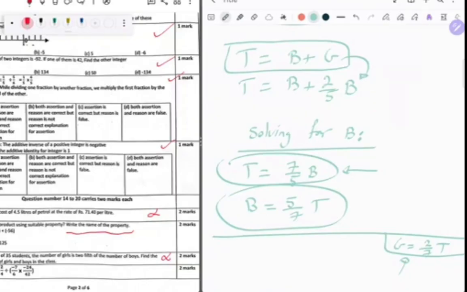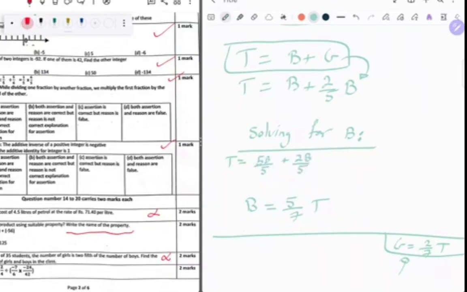How did I get this? T equals 5b over 5 plus 2 over 5b, which equals 7 over 5b. So the total number of students is 7 over 5 of the boys.